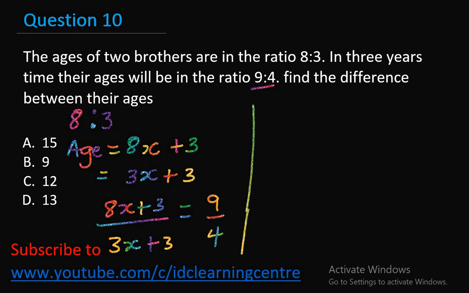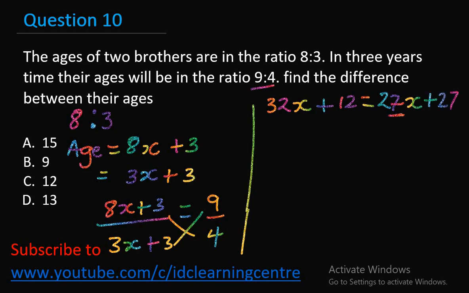To get their ages now, cross multiply. 4 times 8x will give me 32x. 4 times 3 is 12, equal to 9 times 3x, which gives me 27x, plus 9 times 3, 27.